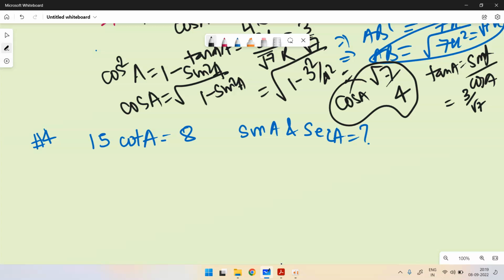If you draw the diagram from here, you can see that cot A equals 8 by 15.